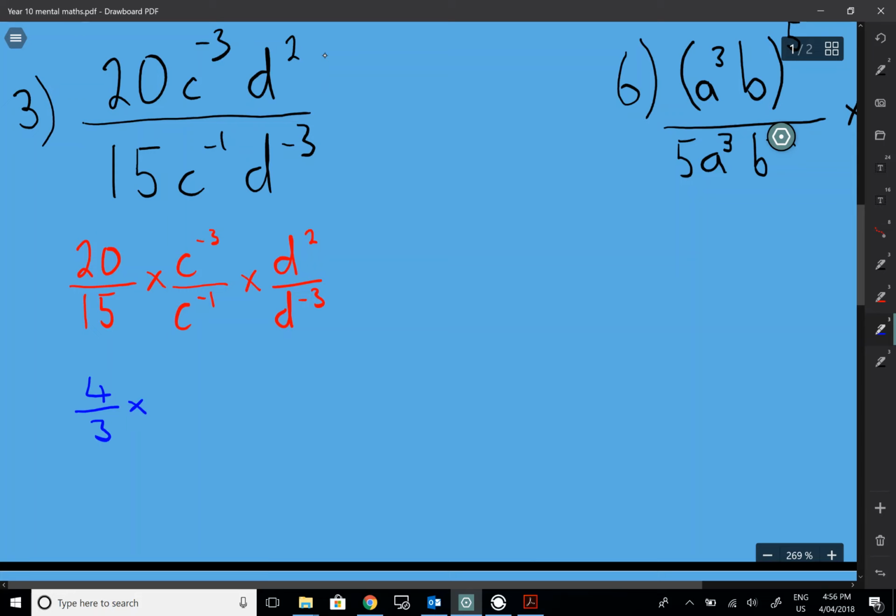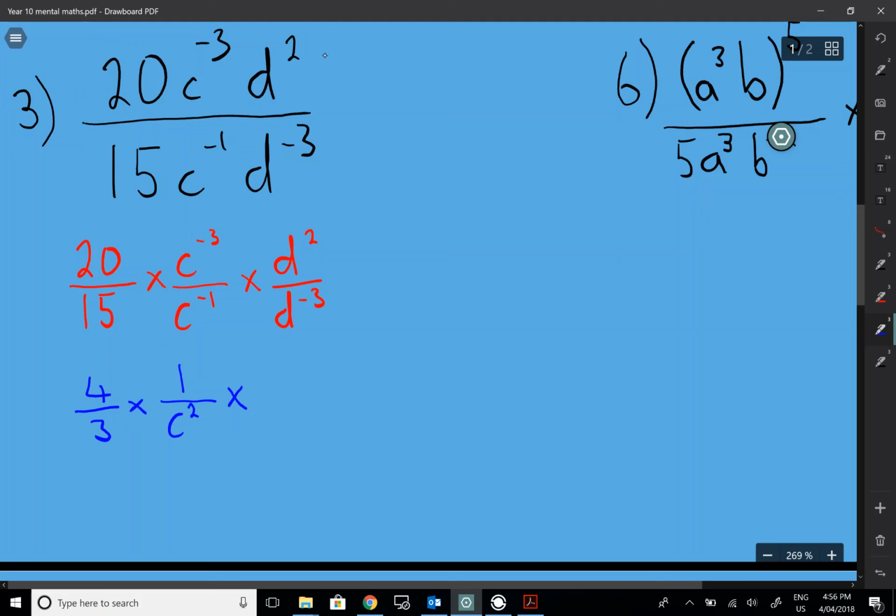Because I get the answer of negative 2, I actually can just put c squared on the bottom with a 1 on the top. Because when I have something like this, this is the same as c to the negative 2. I do the same for my next one. 2 subtract negative 3. Now it's going to become plus. So 2 plus 3, it's going to be 5.